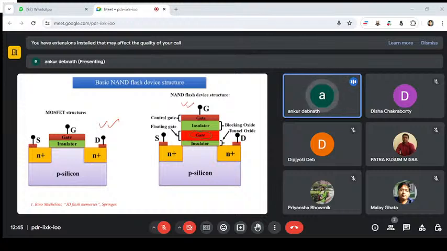The gate is floating here in the insulator. So we are introducing another gate. This is the floating gate, and this is the gate where the electron is actually stored. The electron is coming from here and is stored here. So this electron is responsible for storing your information.